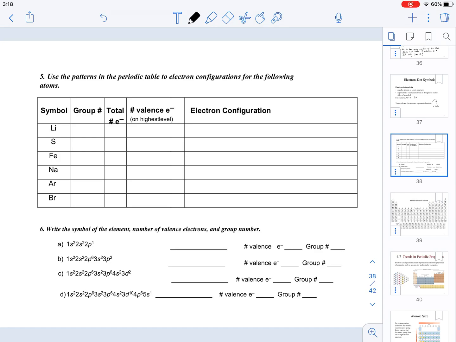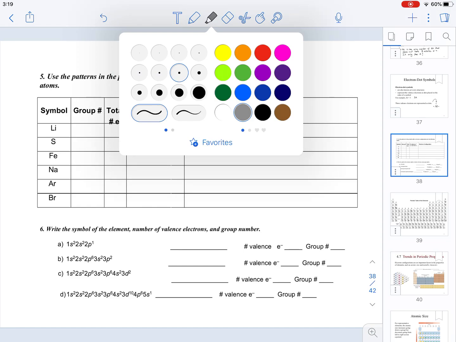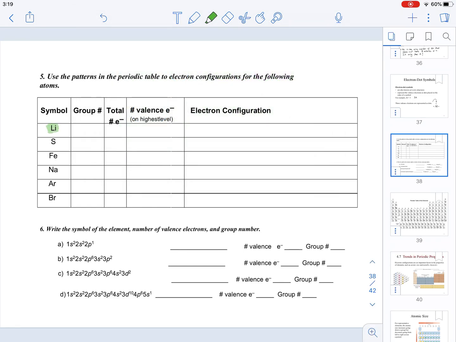I'm only going to be discussing specifically, let me just highlight them, lithium, sulfur, and iron, okay, which I'm going to give their group number, total number of electrons, valence electrons, and electron configurations utilizing the periodic table that I have on the next slide, okay? Then make sure that you practice all of this. The answer key for the worksheet has been provided to you on Canvas, okay? So let's start working on the problem itself.